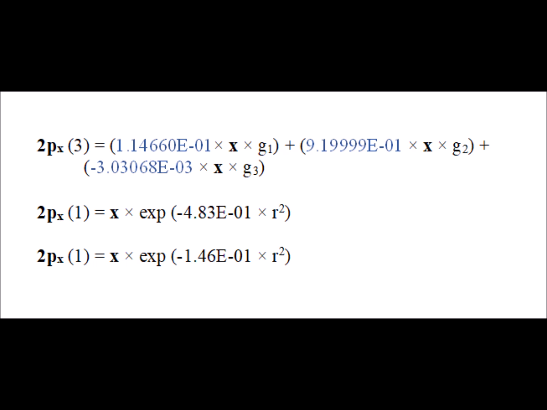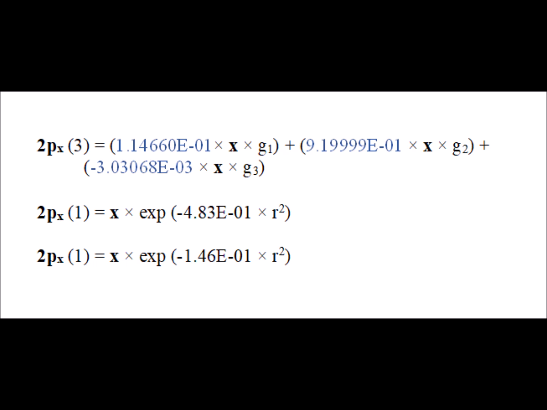So the second function for 2px consists of one Gaussian, and we show that it has a particular exponent of minus 4.8 times 10 to the minus 1. And then the third and final function used to represent the carbon 2px orbital is going to be this x times the exponent of minus 1.46 times r squared.